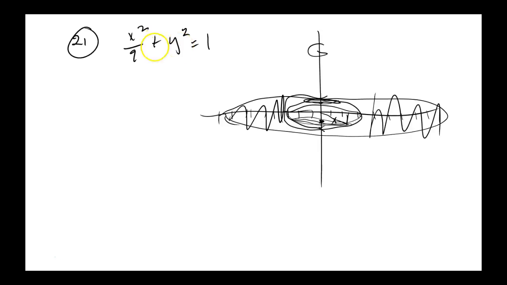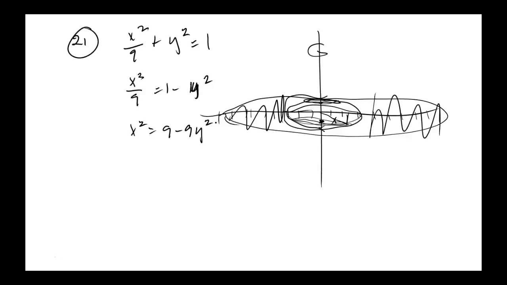x squared over 9 is equal to 1 minus y squared. So 1 minus, I wrote minus 1. Okay, never mind, that's a y. Got it? And then multiply by 9, and you get x squared is equal to 9 minus 9y squared.